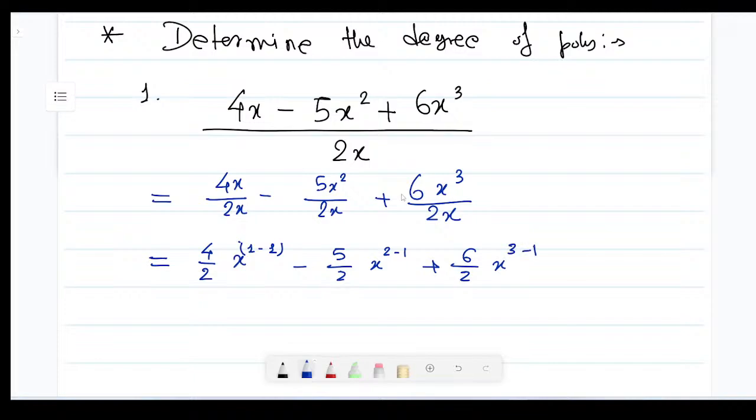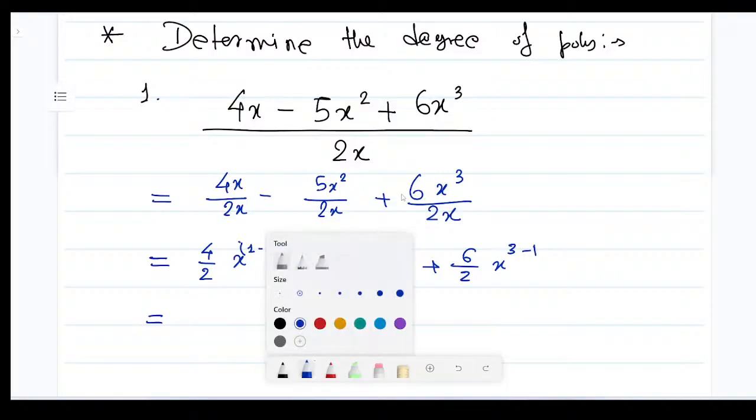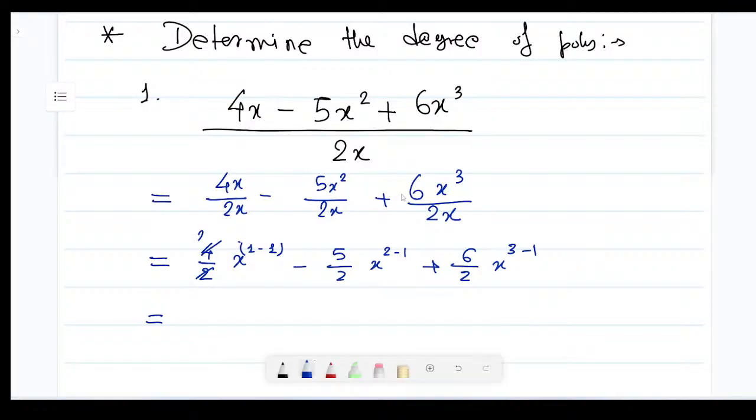Okay, so here we go. 4 by 2 is 2, 6 by 2 is 3. So here we get 2 into x to the power 0 minus 5 by 2 x to the power 1 plus 3 into x to the power 2.